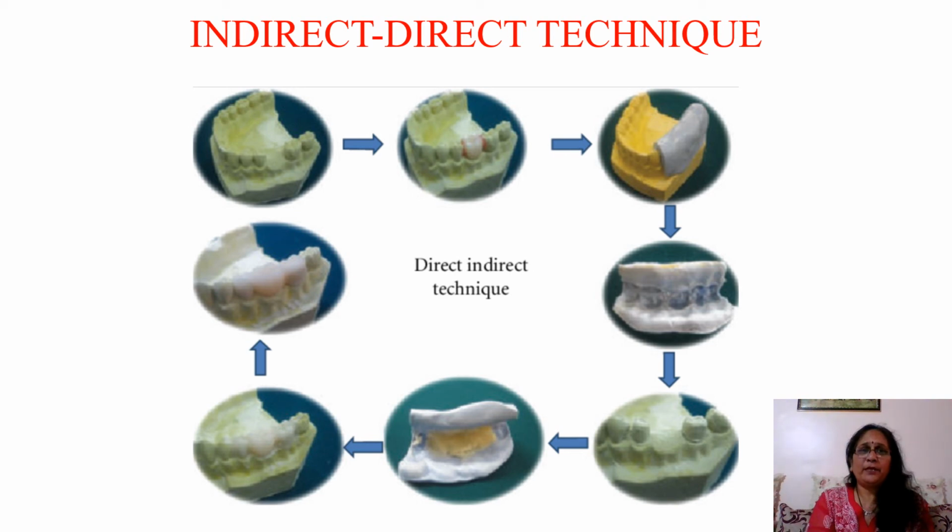On that mock preparation, we have to do the temporary restoration. And when patient comes after the tooth preparation, we have to check it in the mouth, check for the fit, check for the high points. Once the high points are removed, and if the restoration is fitting correctly in the mouth, we have to cement with the temporary cements.